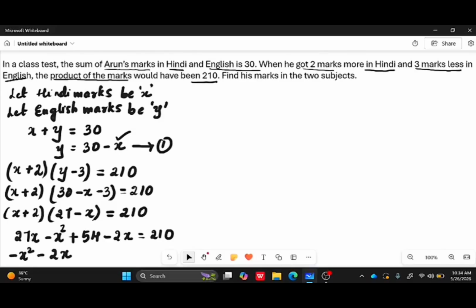No, right? Because one is a constant term and another one has the variable, right? So plus 27x, plus 54. I'll bring this 210 to the LHS, that will become negative, minus 210 equals 0. Is that fine? Is there any doubt?